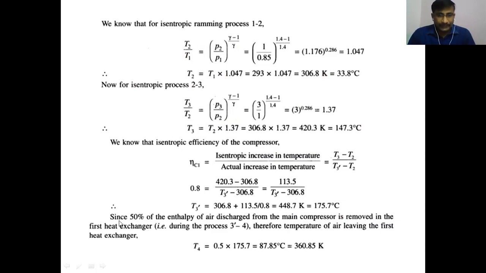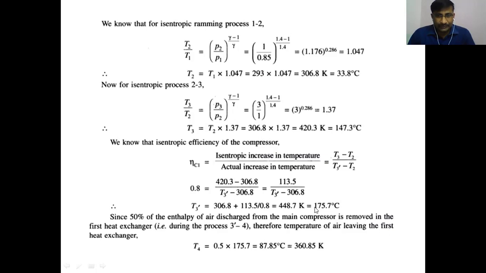From this, we can find the temperature after the heat exchanger. The given data is that 50% of the enthalpy of air discharged from the main compressor is removed in the first heat exchanger. That means the enthalpy at point 3 dash. Enthalpy is Cp into temperature.